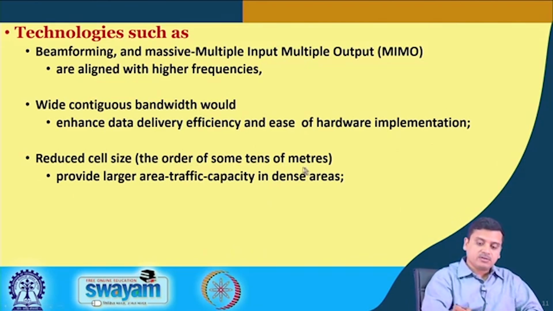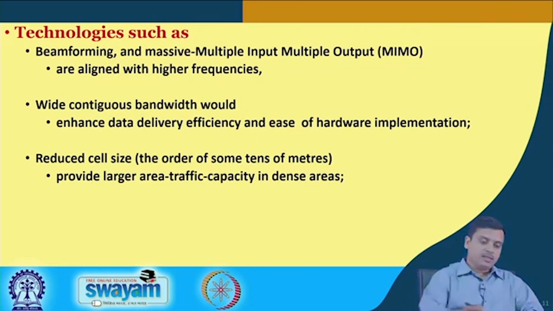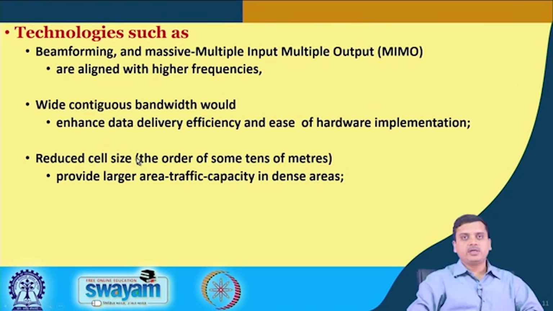Reduce cell size. We will again see at a certain point that amongst the various methods which can increase capacity, the reduction of cell size is one of the very important factors. Although it is very classical, it can enhance the capacity by a significant factor.